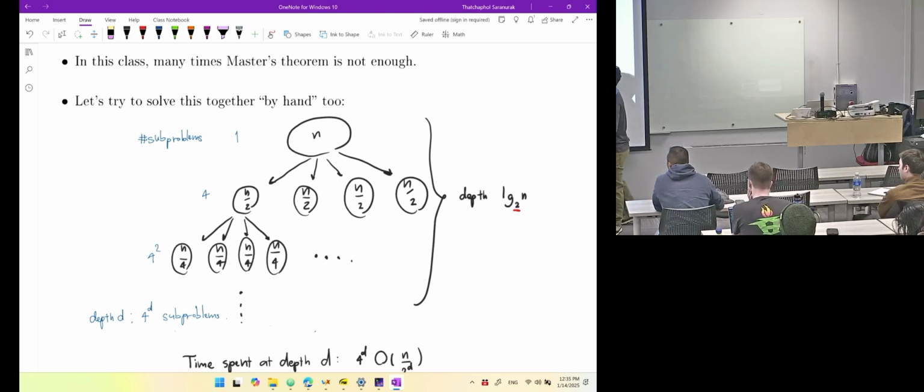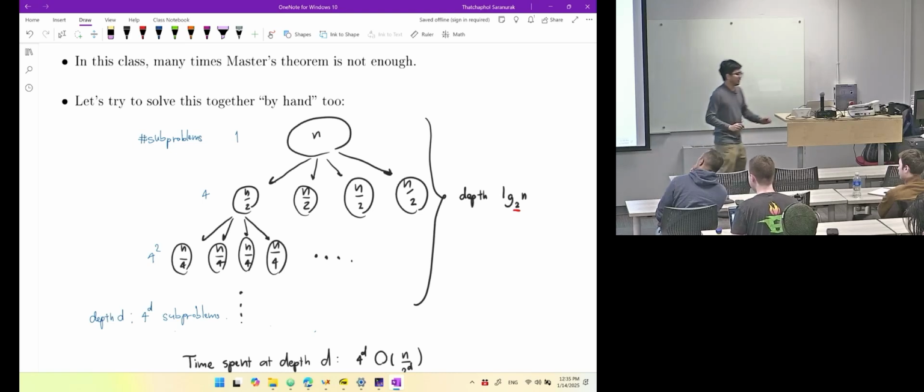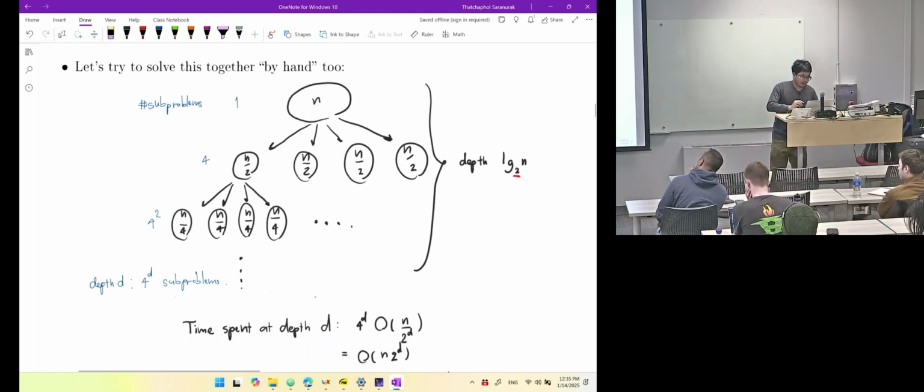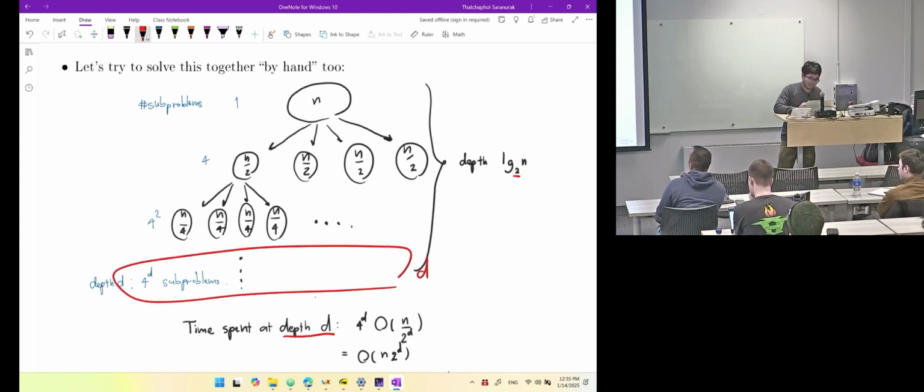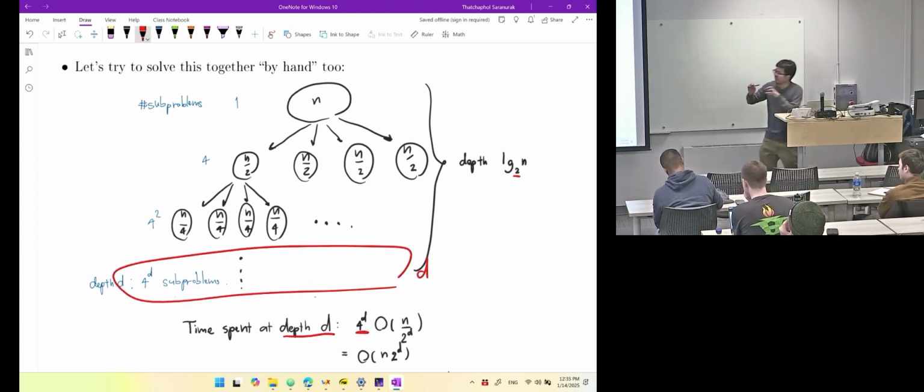Now what we need to do is sum up these numbers per level. So the time that you spend at depth d, let's look at depth d, right? There are going to be 4 to the d many nodes here.